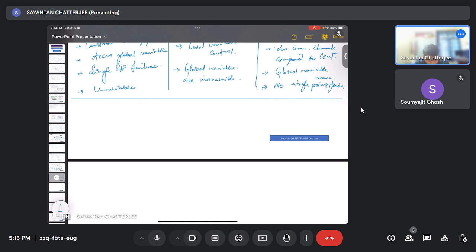So decentralized is mainly used to control the local variables, due to the unavailability of the global variables. In those cases, what we can generally observe is that inaccurate outcomes might be possible.